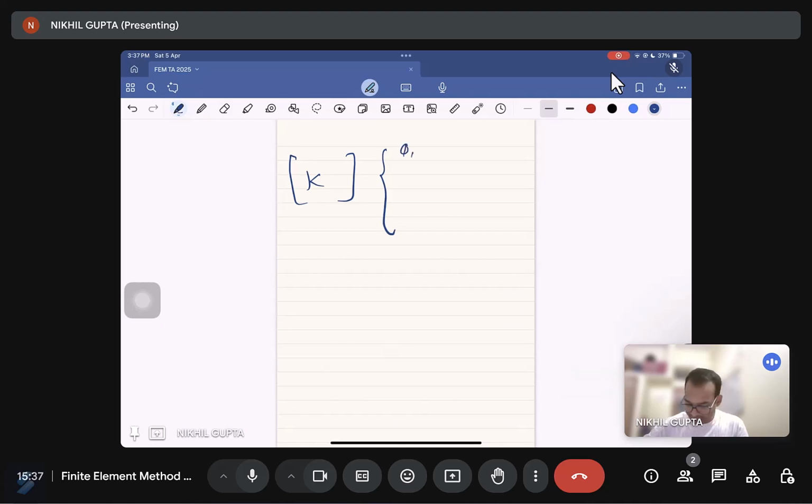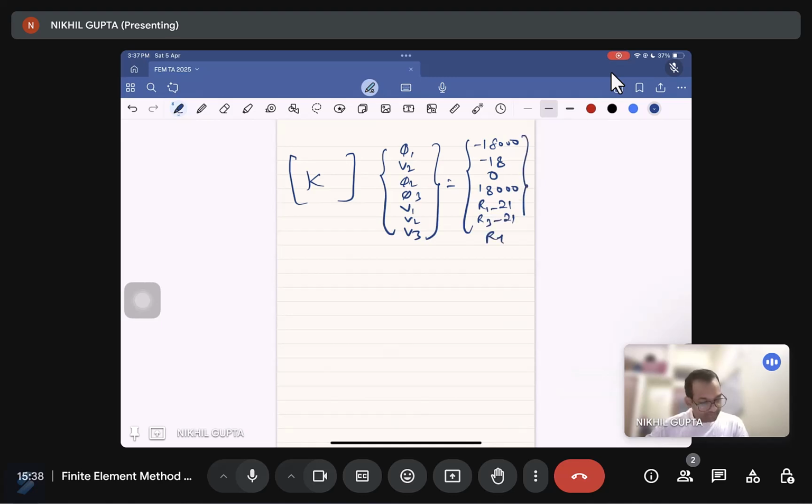So phi 1, V2, phi 2, phi 3, V1, V2, V3, and the RHS will be minus 18,000, minus 18, 0, then 18,000, R1 minus 21, R3 minus 21 and R4.